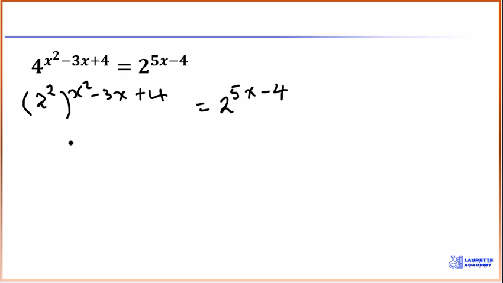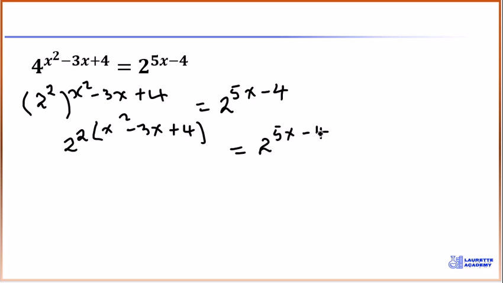So we write this as 2 to the power 2 times x squared minus 3x plus 4 is equal to 2 raised to the power 5x minus 4.